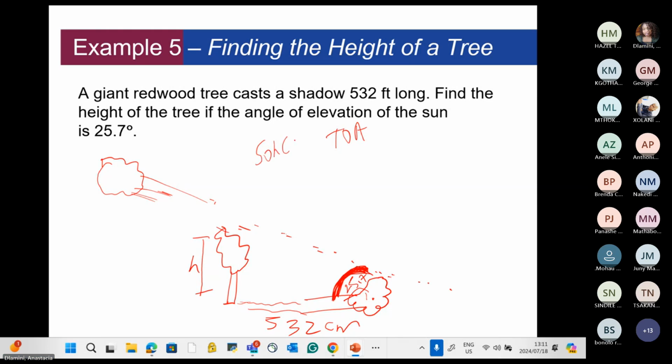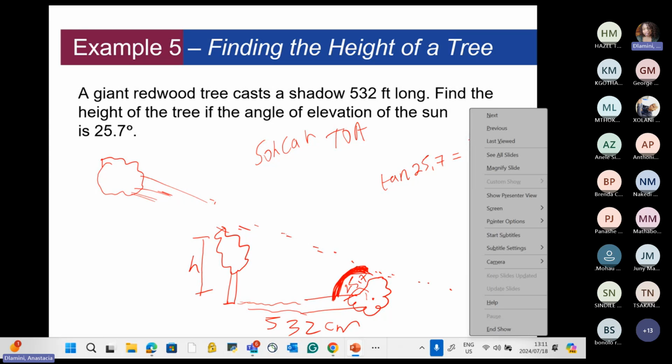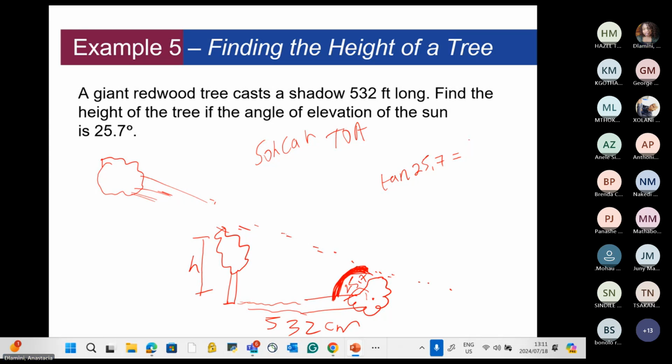So meaning that it's tan of 25.7, which is opposite over adjacent. I was confused with this H. It's H over 532.